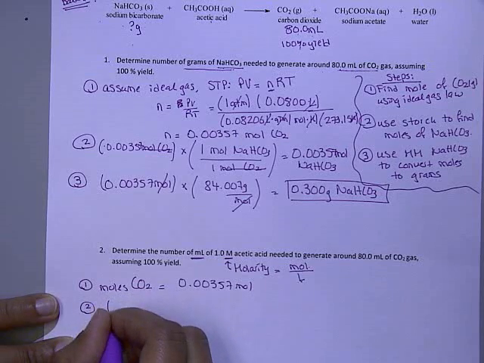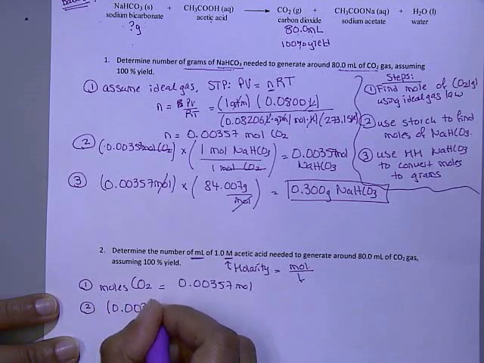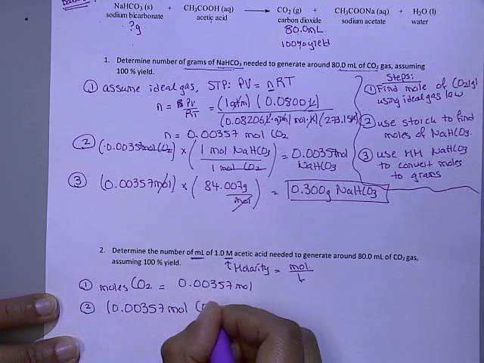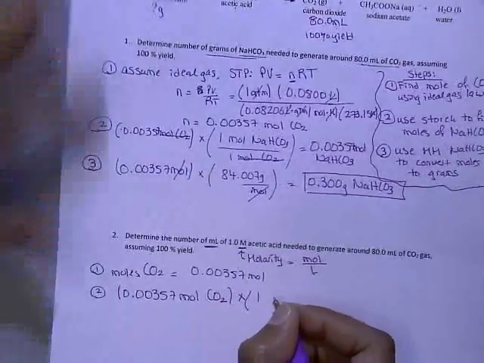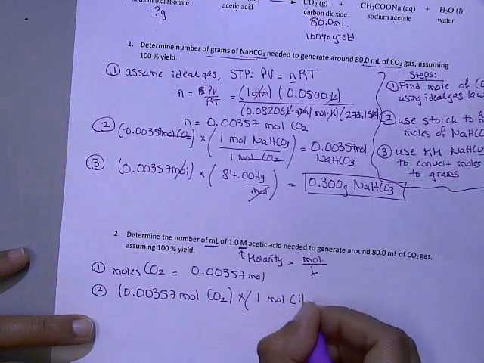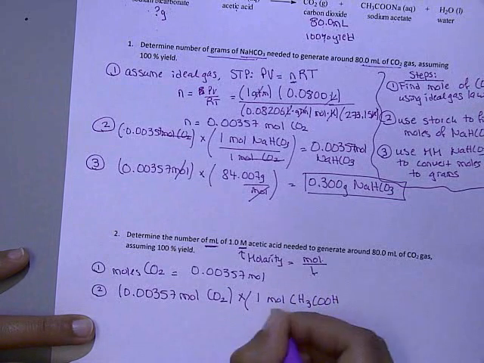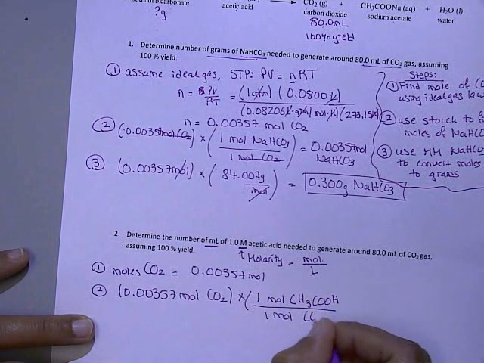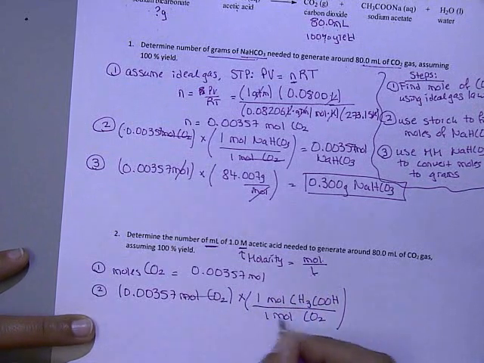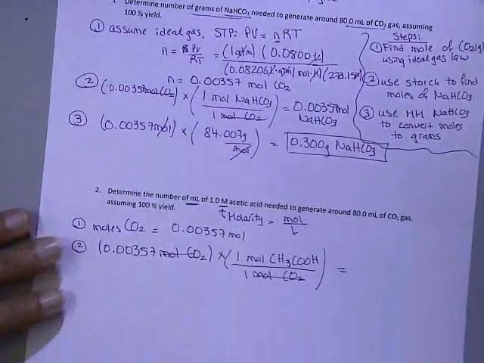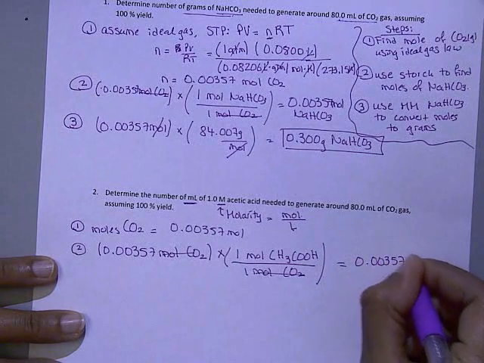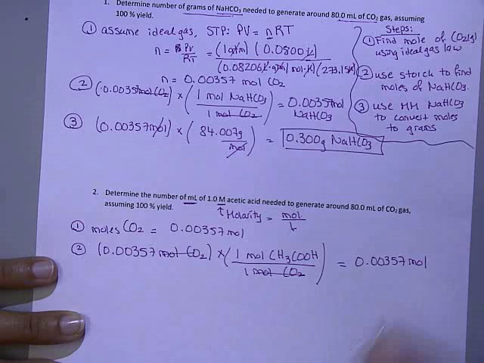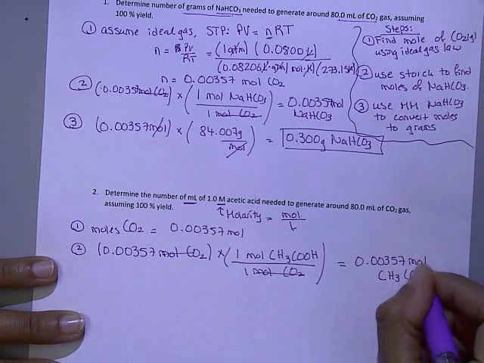Here we have 0.00357 moles of CO2. Our stoichiometric ratios are 1-to-1, so it's times 1 mole of acetic acid, CH3COOH, per 1 mole of CO2. My moles of CO2 cancel with my moles of CO2. And I know you can tell that it's going to be the same number. I'm going through these steps so that we are reviewing these concepts in our mind. So through stoichiometry, I figured out that I need 0.00357 moles of acetic acid.